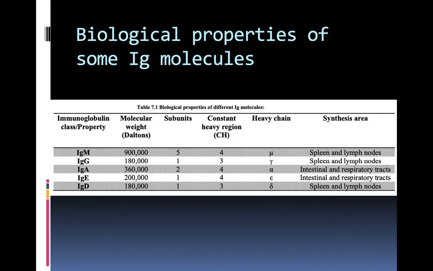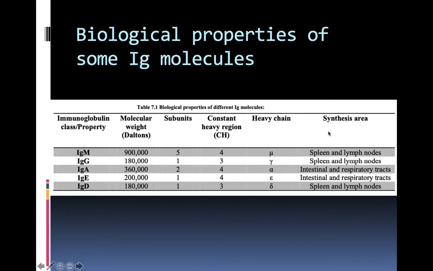Now, this I've mentioned already in terms of the number of constant heavy regions, the heavy chain type. Okay, so you remember the smallest one, the least weighty, the IgG and IgD possess three constant heavy regions, CH1 to CH3.